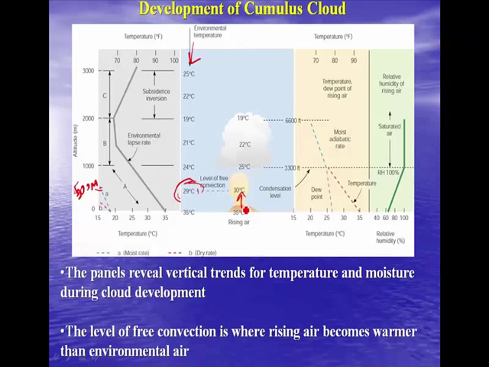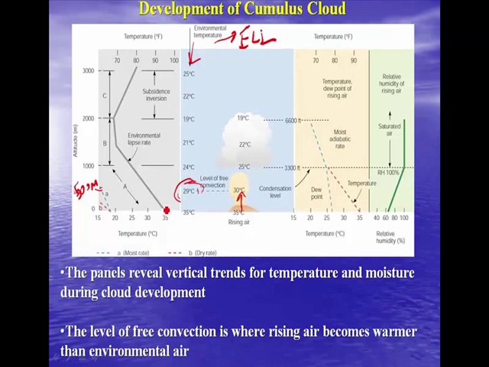And since the air is considered unsaturated, we haven't formed a cloud yet, it cools at the rate of 10 degrees Celsius per kilometer. And so since it's gone up a half a kilometer, the temperature of the blob of air is 30. The temperature of the surrounding air is 29, and so the environmental lapse rate here is 6 degrees as we go from here to here. And here it changes to 5, and here to 3, here to 2, and then it begins to warm again.